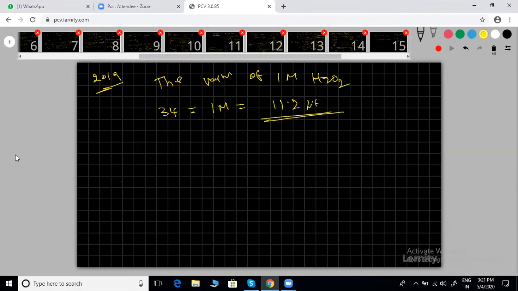Direct question, you don't even need to solve. Otherwise, 17 gram per liter equals 5.6 liters. Then 34 grams equals how much? 1M means how much? 34 grams molarity. Otherwise 17 grams equals 5.6 and 34 equals how much?